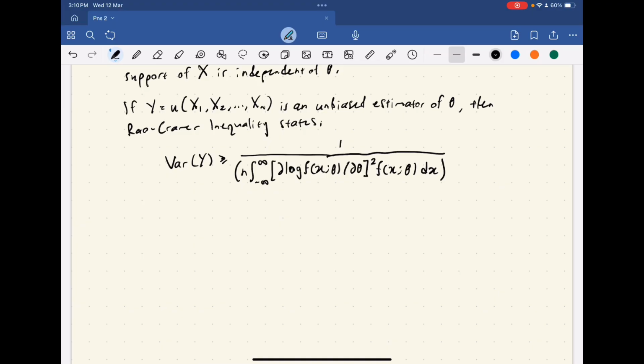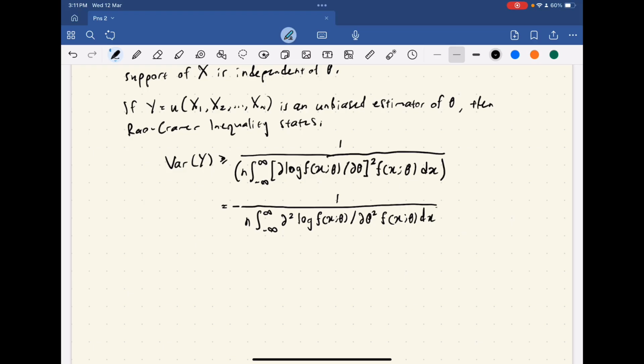we'll change it to the usual form that we used in the previous example, which is negative 1 over n times the integral of the second partial derivative of ln f(x) with respect to theta squared, times f(x given theta) dx.